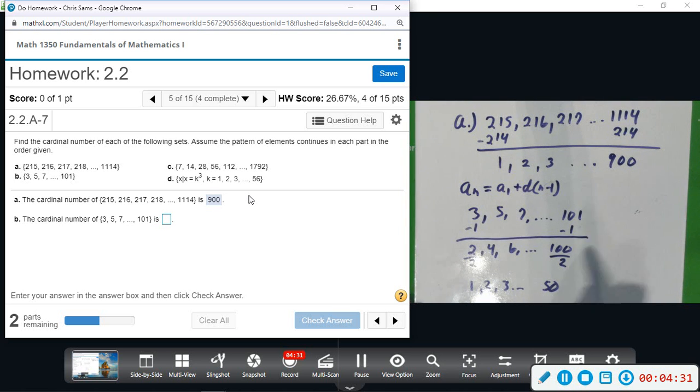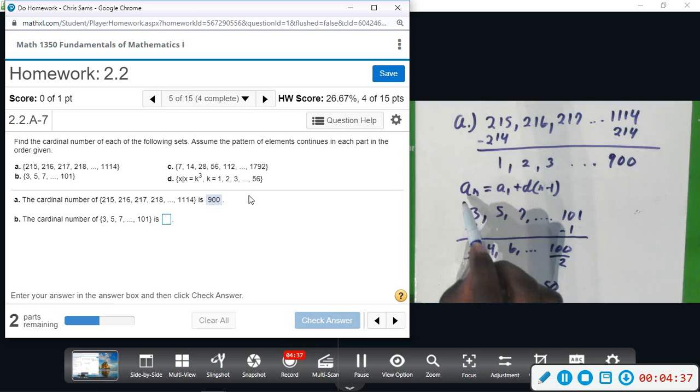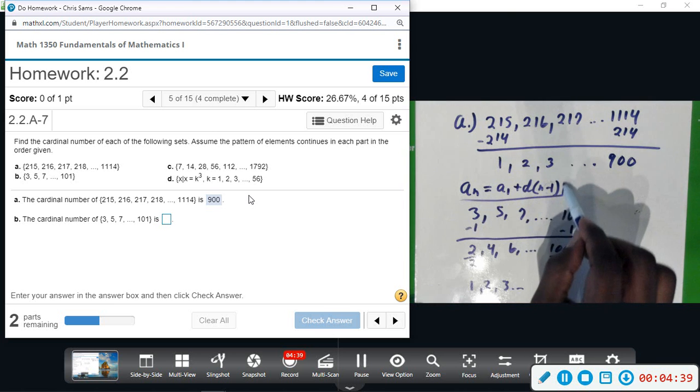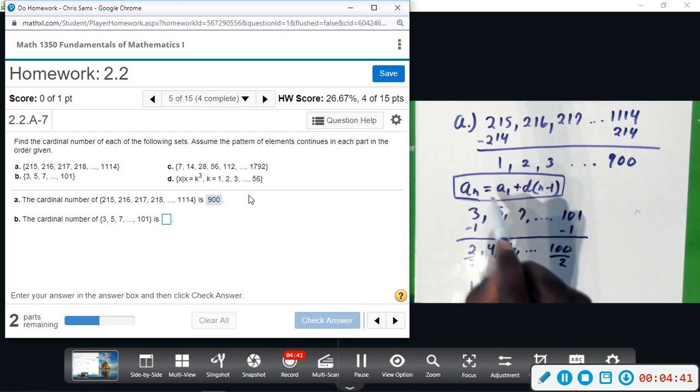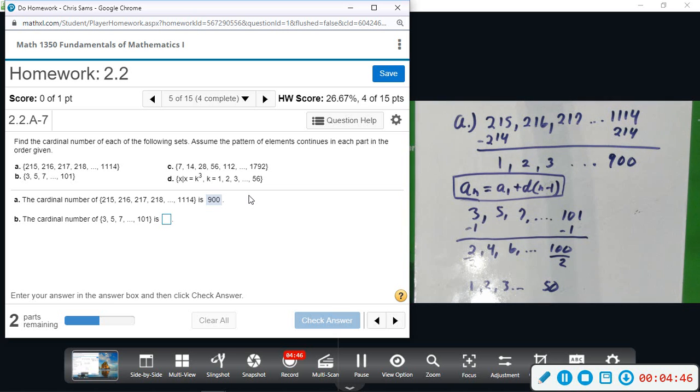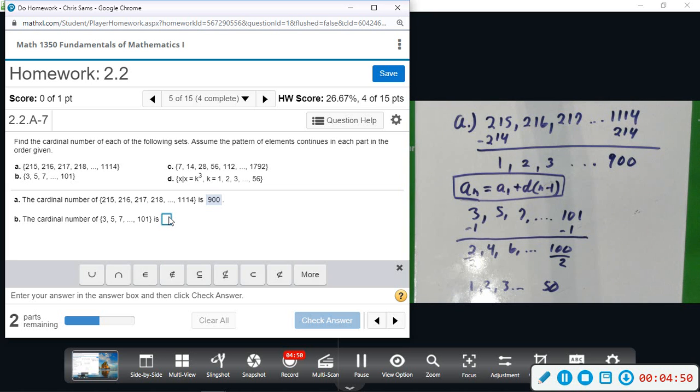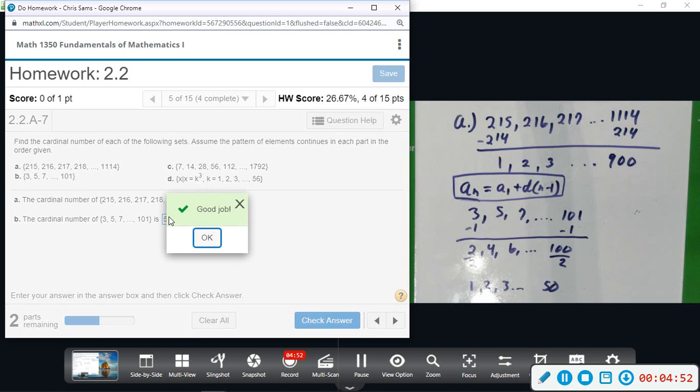You're just using some math intuition to manipulate these sequences and count. But again, this formula right here will always work if we're adding the same difference. Just use your last and first, and we've done that a few times. So this is 50 terms in this one.